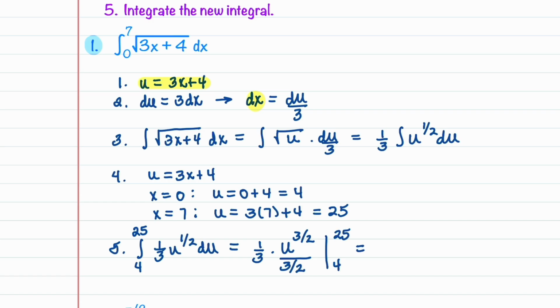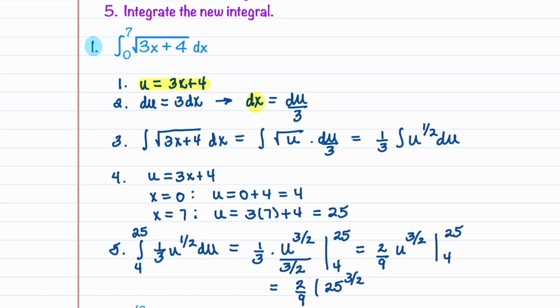Let's first simplify our constants. The 2 comes up on top, and we have 2 3's on the bottom, so this is 2 over 9 u to the 3/2 from 4 to 25. This gives us 2 over 9 times 25 to the 3/2 minus u evaluated at our lower limit, which is 4.